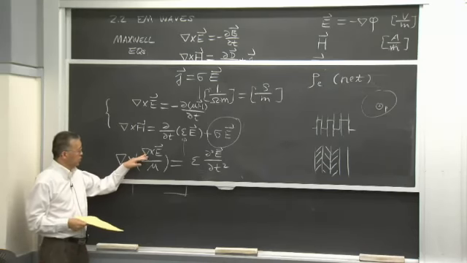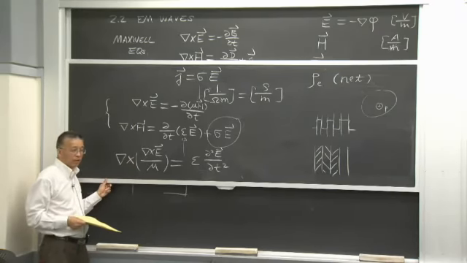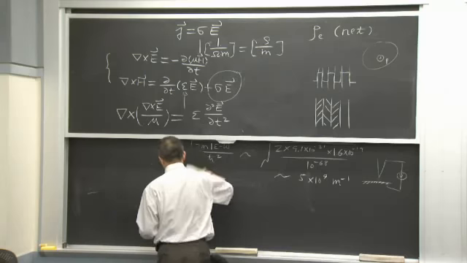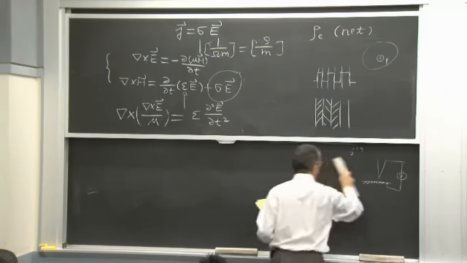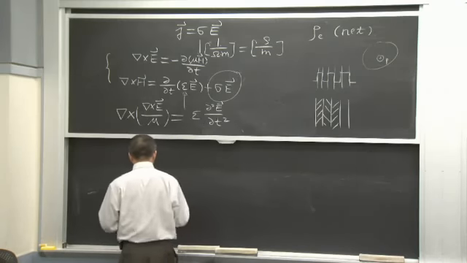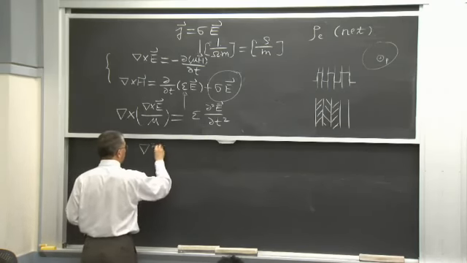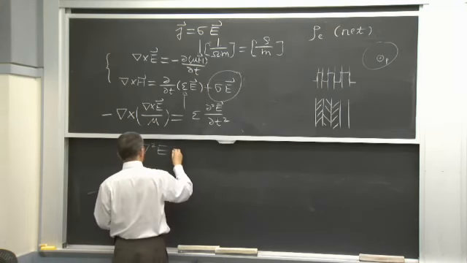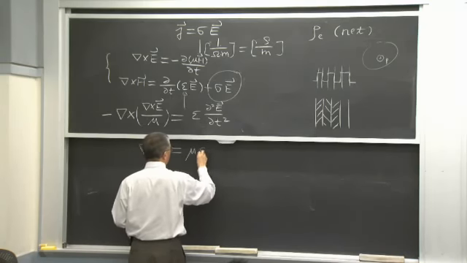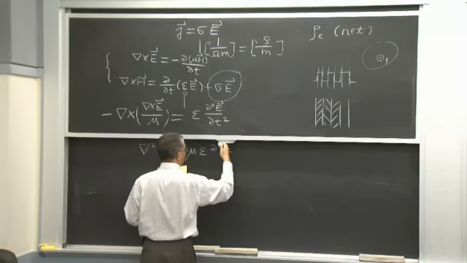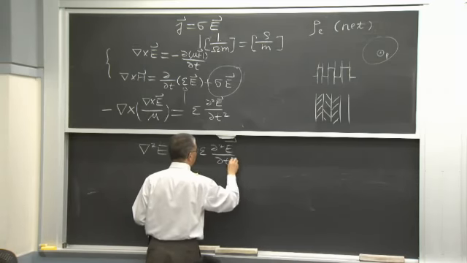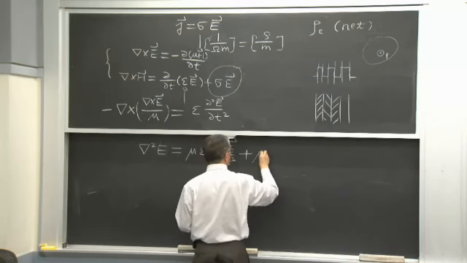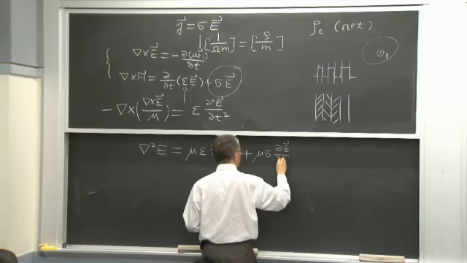And you can use the vector operation to rewrite this. If you use a vector relation, you will get a negative sign in the front, del squared E, equals mu epsilon d squared E over dt squared. And if I continue to carry that, it will be plus mu sigma dE/dt.